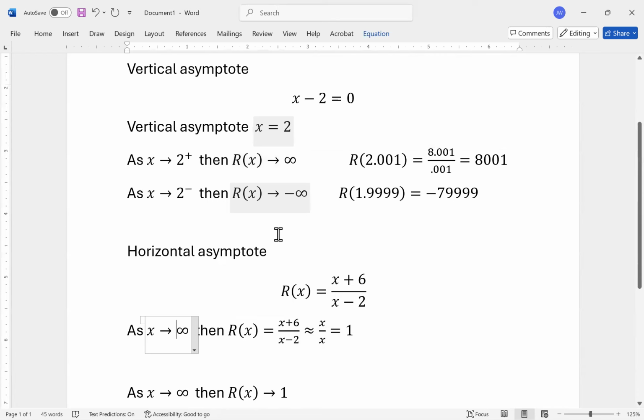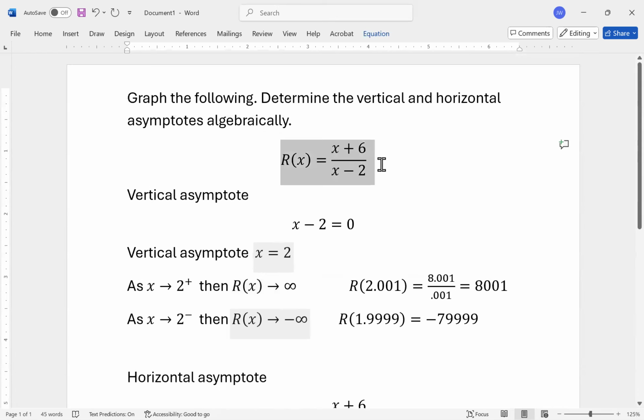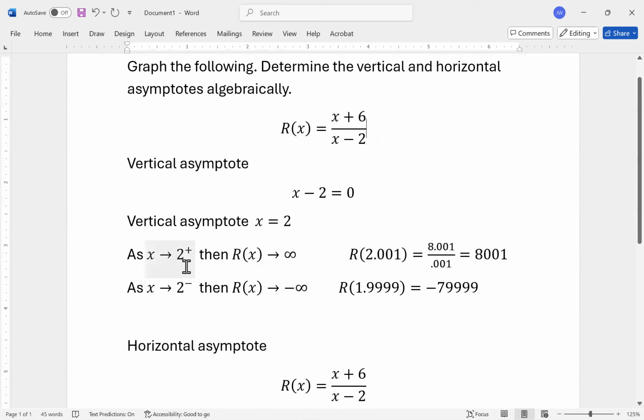So this rational function had one vertical asymptote at x equals 2 and had one horizontal asymptote at y equals 1. We saw as x goes to 2 from above, the function shoots off to positive infinity. As x goes to 2 from below, the function shoots off to negative infinity.